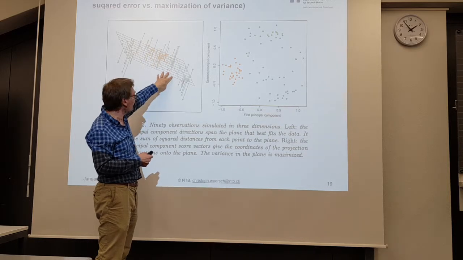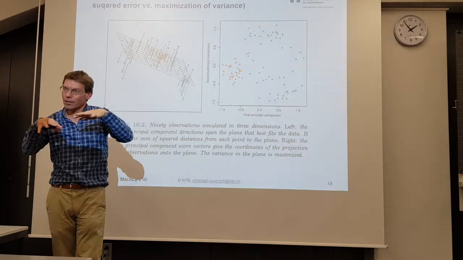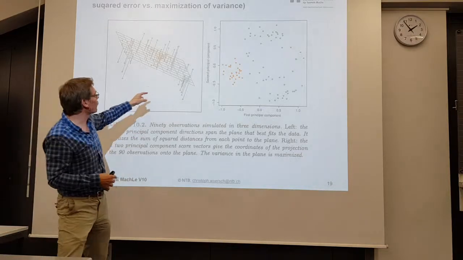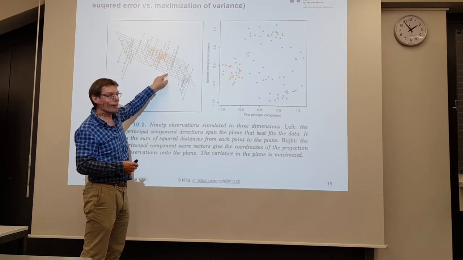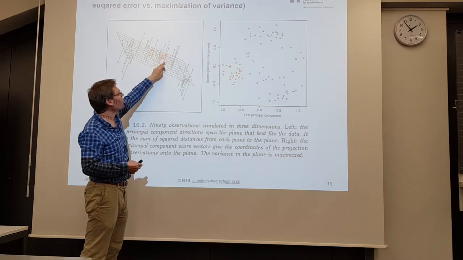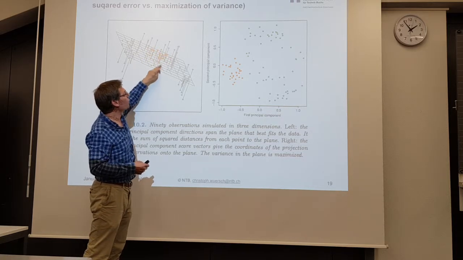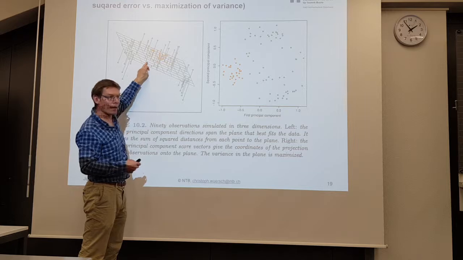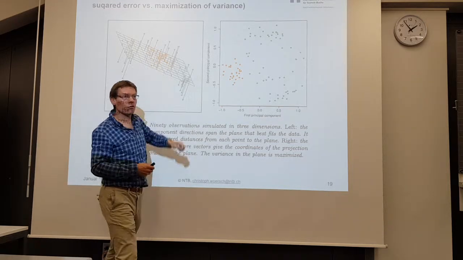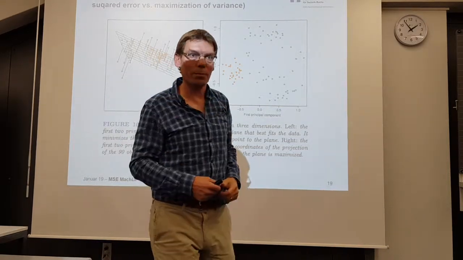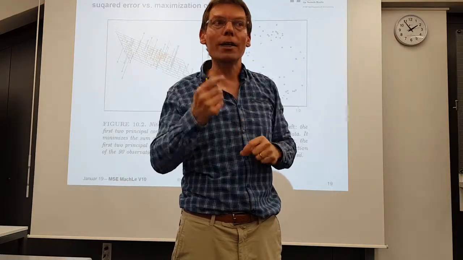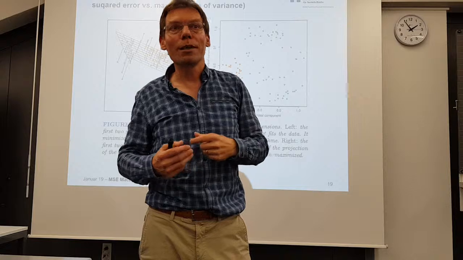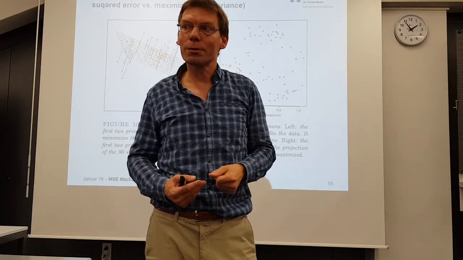In which direction does it need to be tilted so that I can represent the data as well as possible? This means I have to minimize the error between the representation on my hyperplane and the actual data. So I want to minimize this distance, this residual. And formulating this optimization problem leads to the same eigenvalue problem.